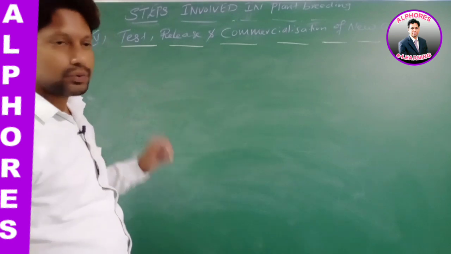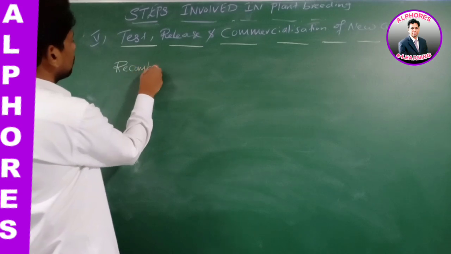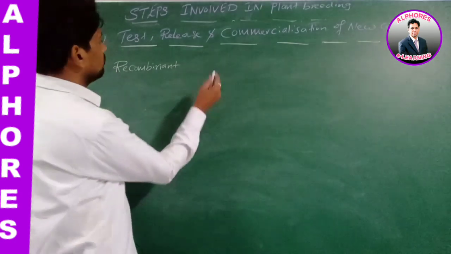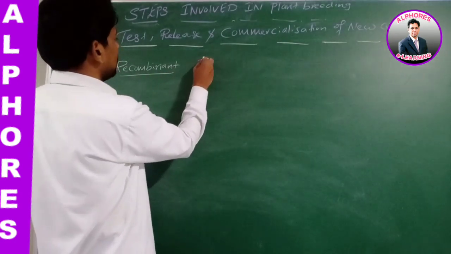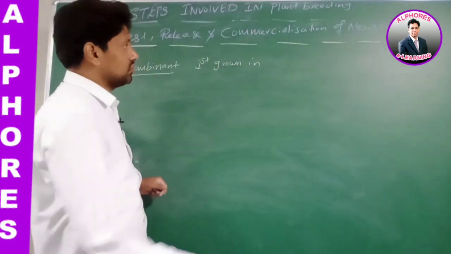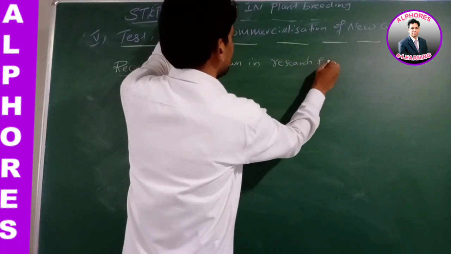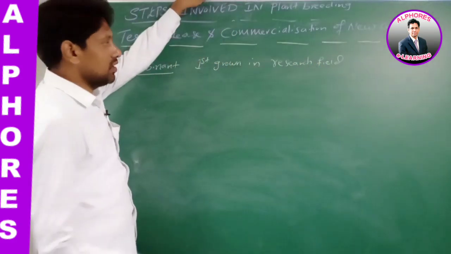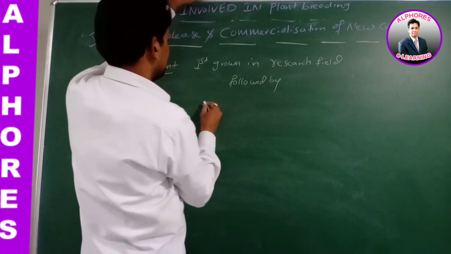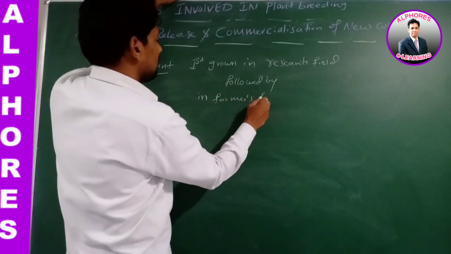Now first what we have to do is, the recombinant is first grown in the research field, followed by the farmer's field.